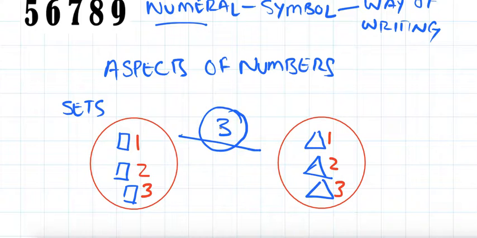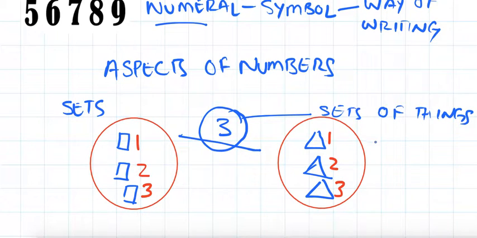This way of looking at numbers as sets of things is essentially what we mean by the cardinal aspect of numbers. But there is more.